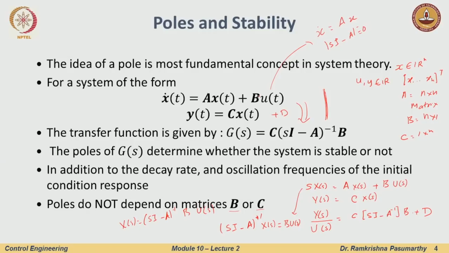It is the same thing, right? So I do not really worry about what is B, C and even D for that matter. So the message from this slide is that the poles only depend on the A matrix, and they have nothing to do with B, C or even D.